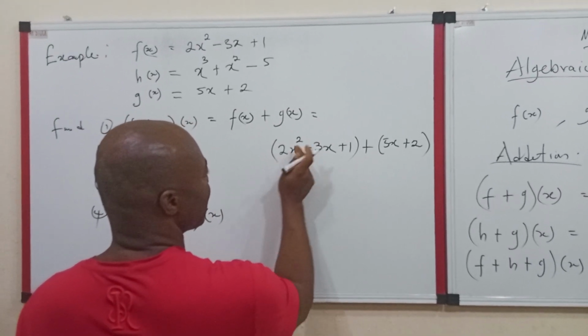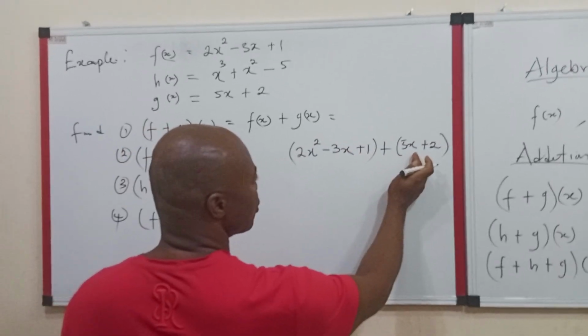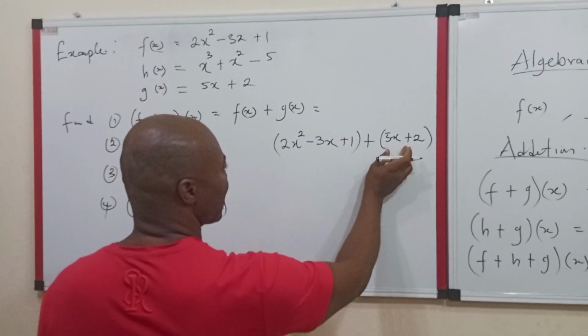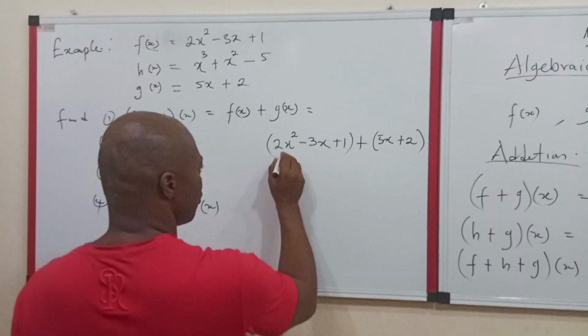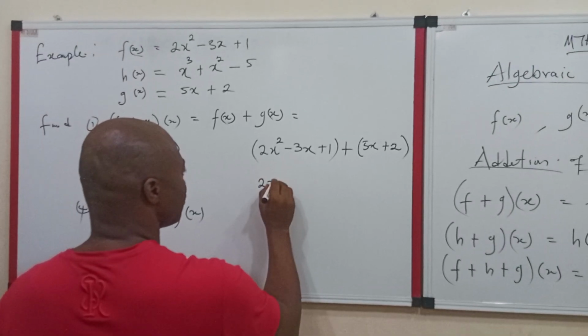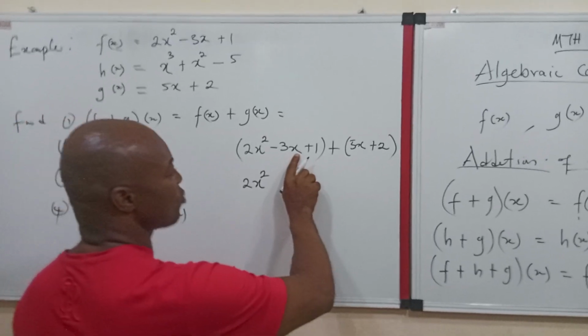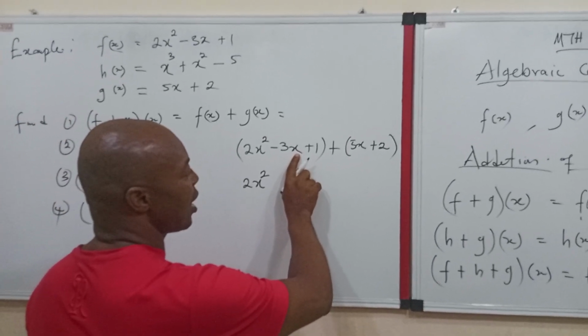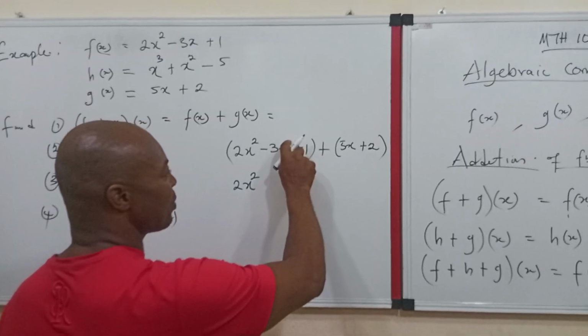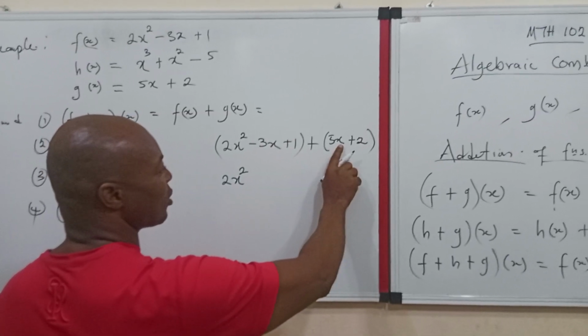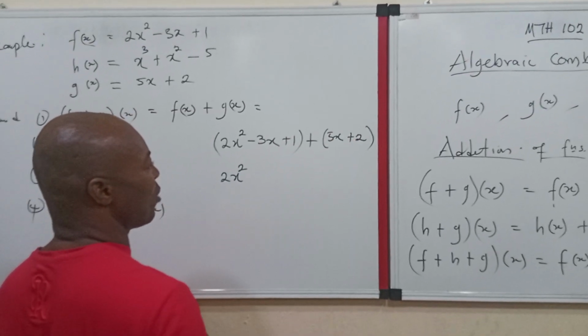Here, the degree of this is 2. Here, there is no expression term that has a power 2. So we bring this one down, 2x raised to power 2. Now here, the power of this term is 1, and we have another one that is like it.